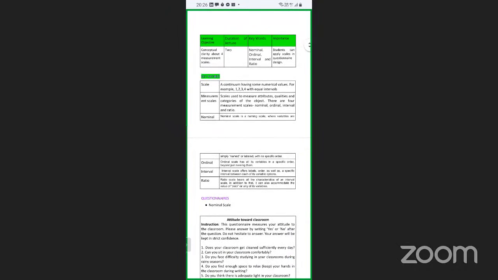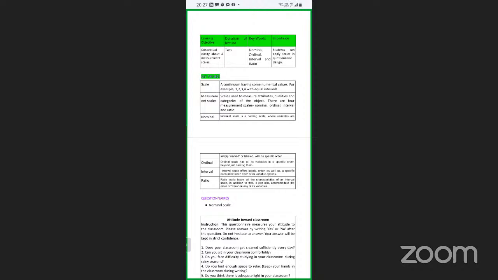We go to the keywords. Okay. So first is scale, a continuum having some numerical values. For example, 1, 2, 3, 4 with equal intervals. Measurement scales, scales used to measure attributes, qualities, and categories of the object. There are 4 measurement scales: nominal, ordinal, interval, and ratio.